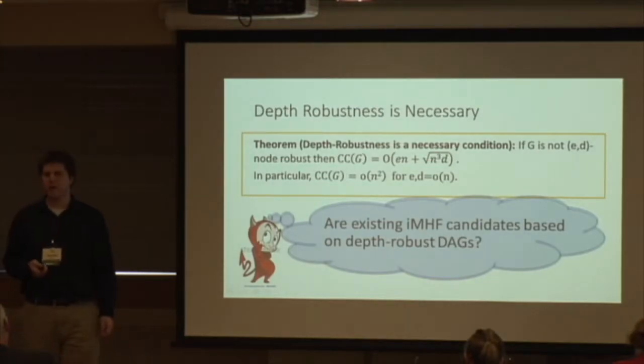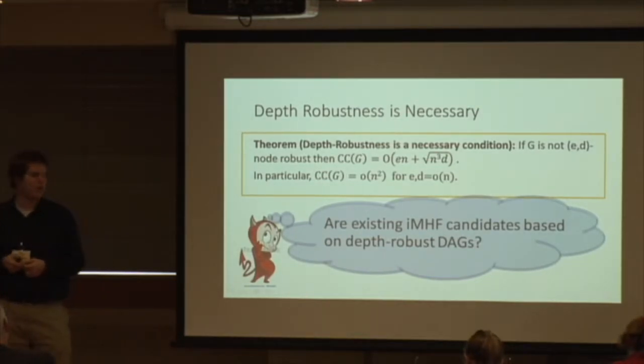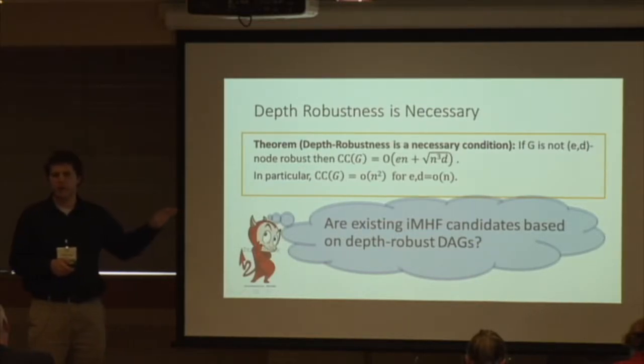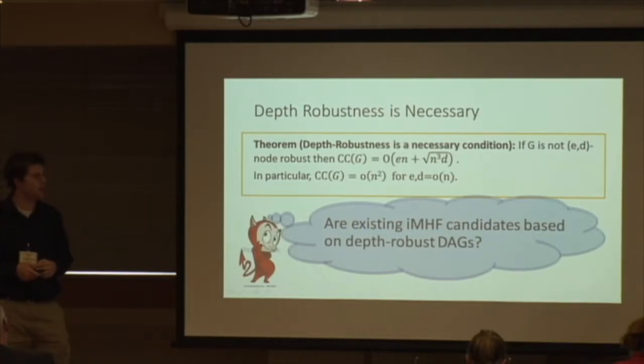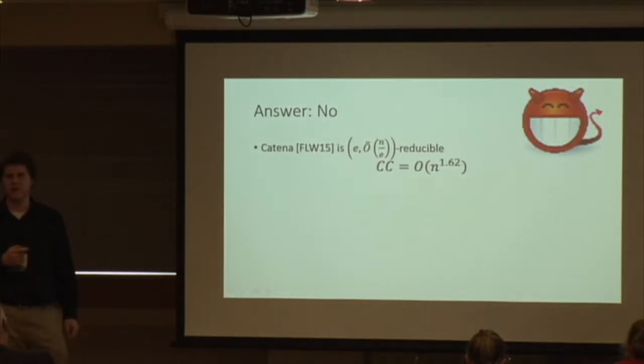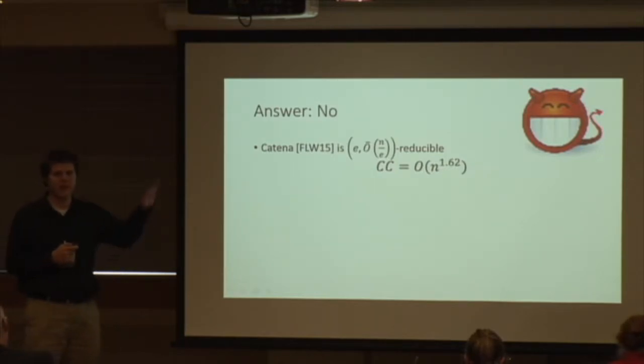So if you're an attacker, the natural question is, are existing candidates for memory hard functions actually based on depth robust DAGs? And the answer is one that's unfortunate but might make an attacker happy.